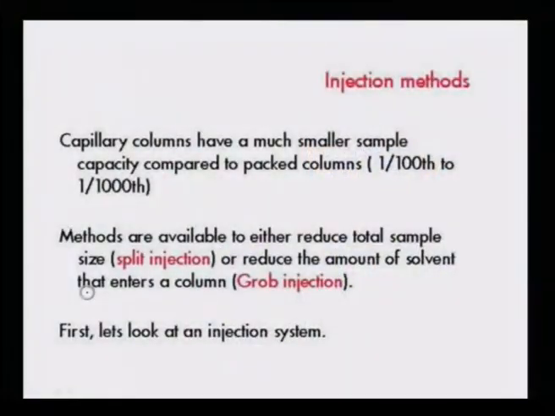That means the injection was 1 microliter, but of the 1 microliter also only 10% has gone into the column and 90% has been stopped from going into the column. That is why we call it split method. There is a splitless method also where the entire volume goes through the column. So, even that precision is possible in capillary column.